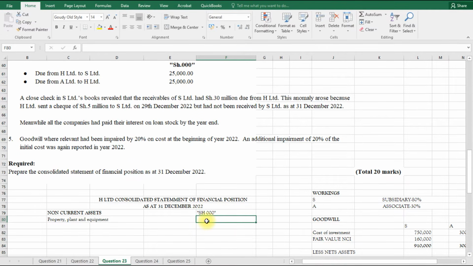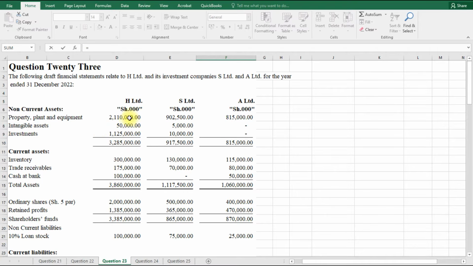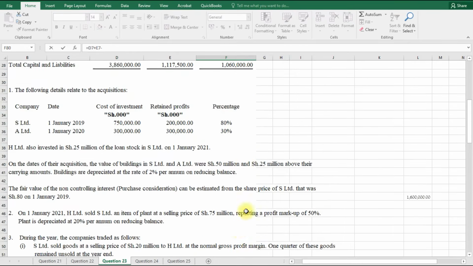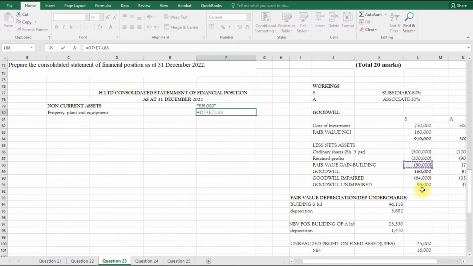The value here will be equal to, we shall take this value for H, we add the value for S. There was a fair value gain, so because the other side we have a minus, I will minus this fair value gain on building, because that one already is a minus. And we minus the depreciation.